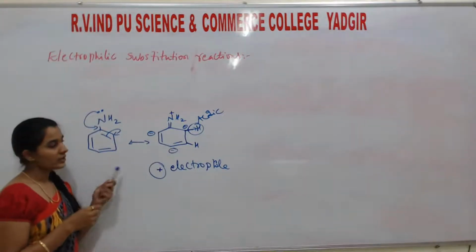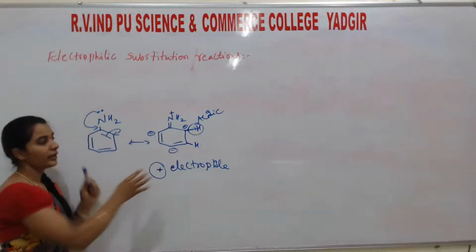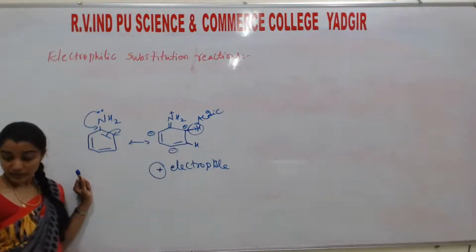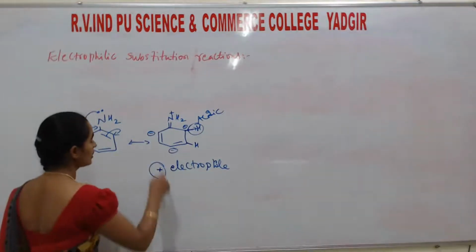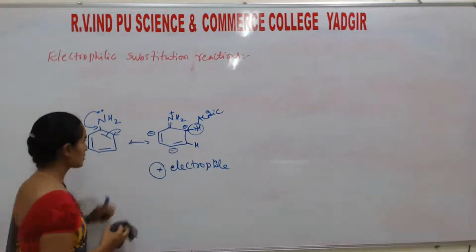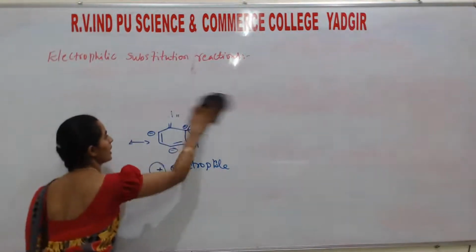Understand? So this reaction takes place in ortho as well as para position. Meta position is unaffected. Understand? So because in the resonance we are getting minus charge at ortho and para positions only. So based on this we are going to conduct the following reactions.